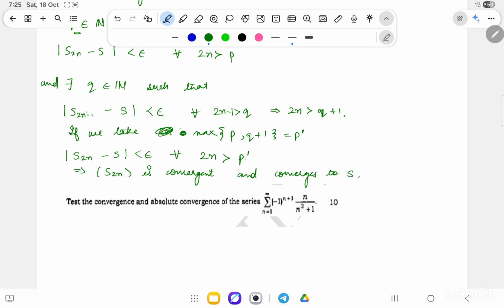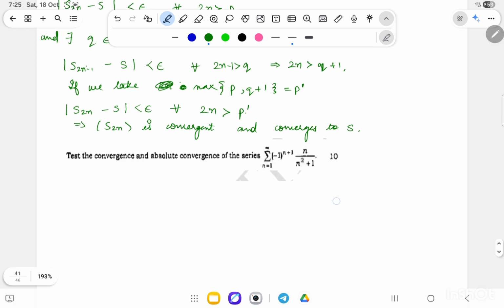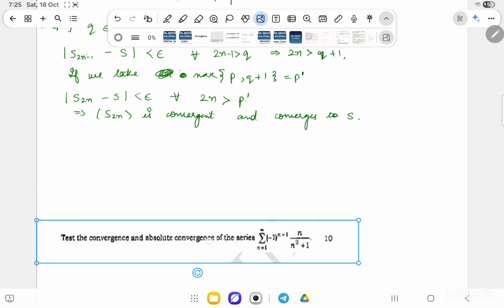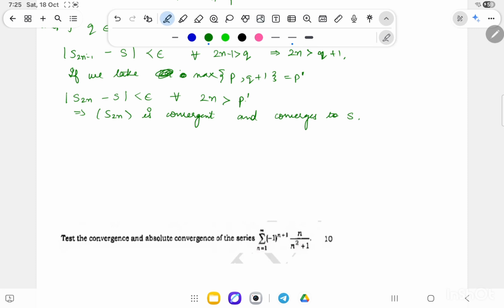And since Sn is the sequence of partial sums of the series given to us, we can conclude that the original series, summation of minus 1 raised to n minus 1 un, is also convergent and it converges to S. So that basically completes our proof.